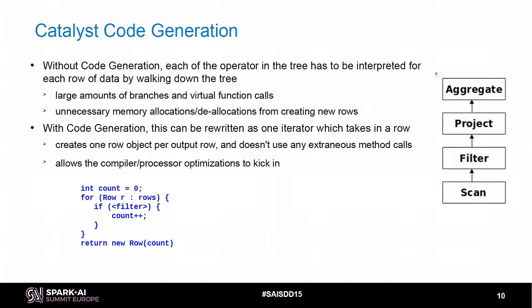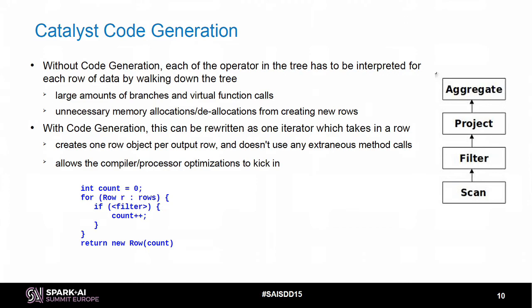There are a lot of branches and virtual function calls involved, and also unnecessary memory allocations and deallocations for the rows. So it was decided to have code generation done at runtime itself, so that the logic in each of these operators is merged together under one iterator like this.